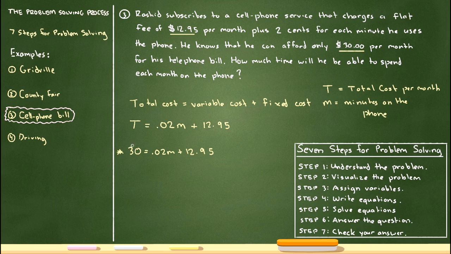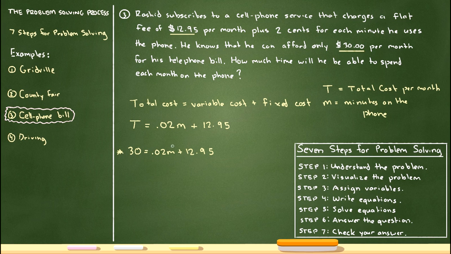Because when we have this equation here, we could solve for M. And that's going to tell us how many minutes he'll be able to talk on the phone. Okay, this is going to tell us the max number. You know, how many minutes could he talk on the phone so that his bill is $30, which is the amount he could afford. So step 5 is we want to go ahead and solve this equation here. Okay, and well, I don't have a calculator handy, so hopefully nothing goes wrong. But 30.